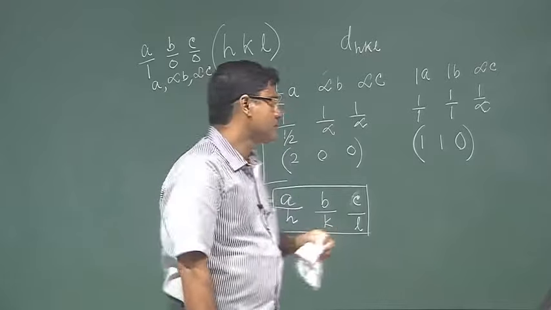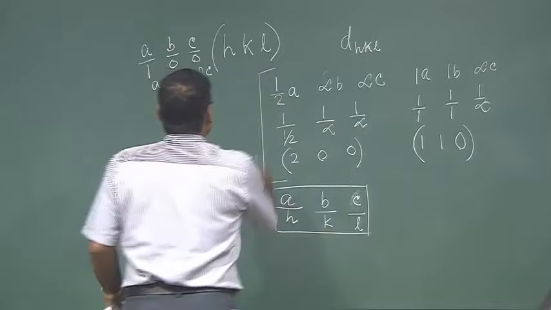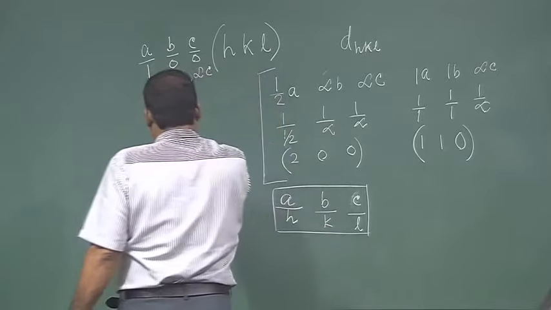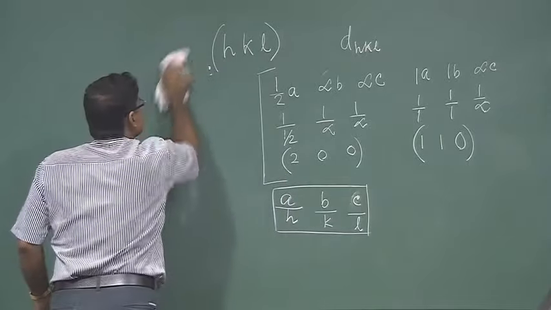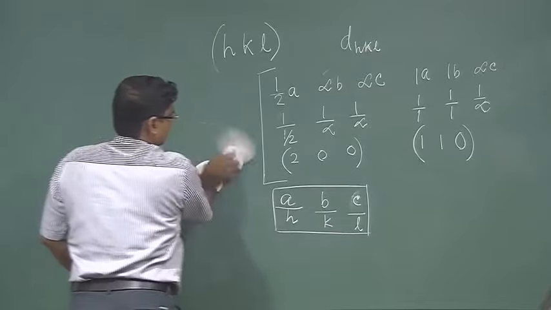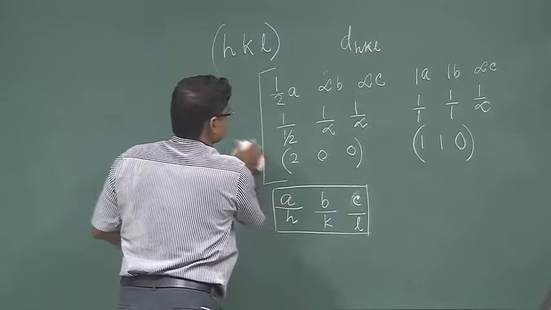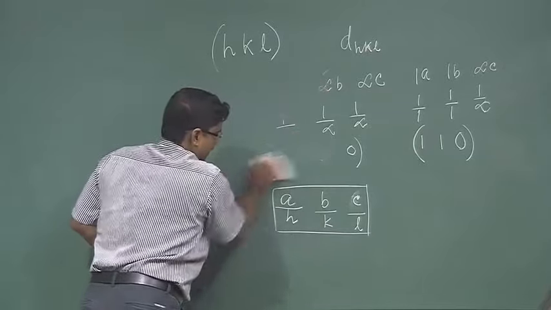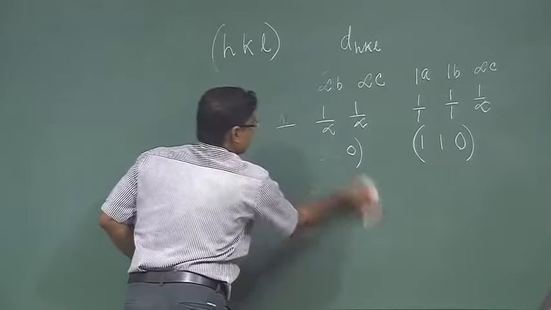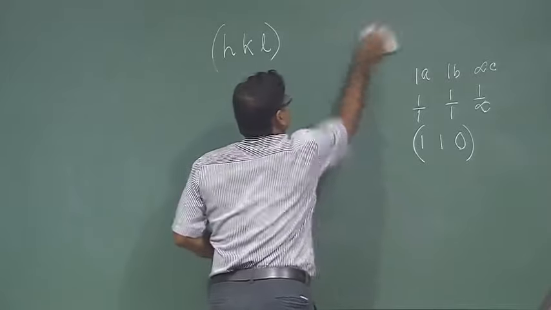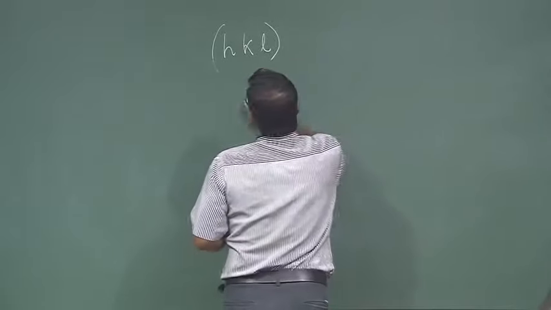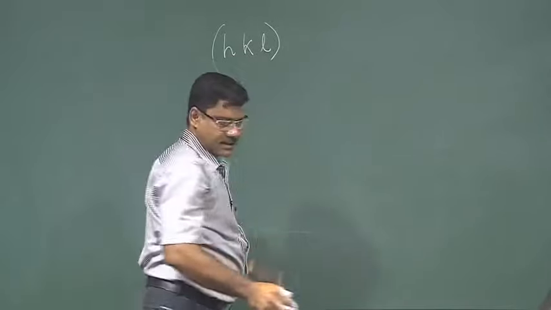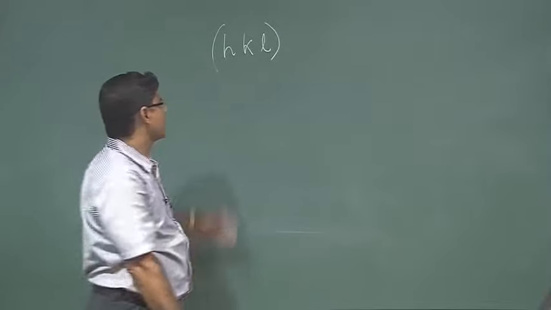So, the HKL plane is not one plane, it is one set of parallel planes. So it represents one set of parallel planes.